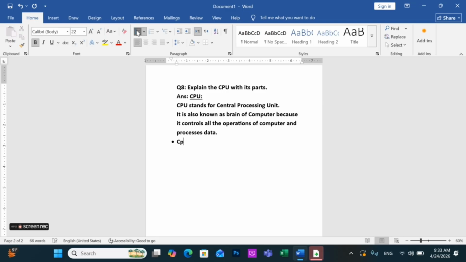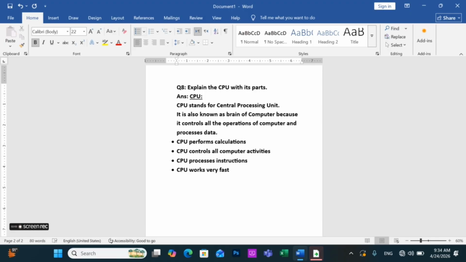So CPU performs calculations, CPU controls all computer activities, CPU processes instructions or data, CPU works very fast. Okay, so these are some functionalities or characteristics of CPU.